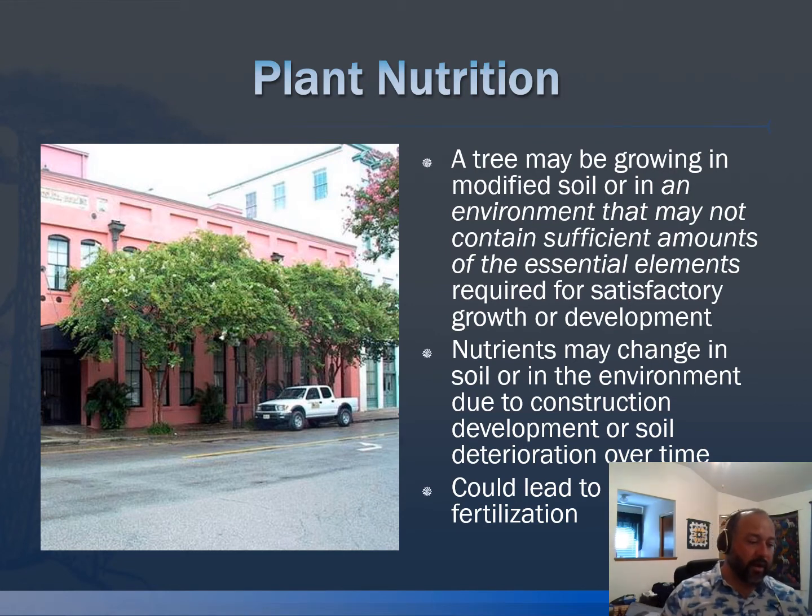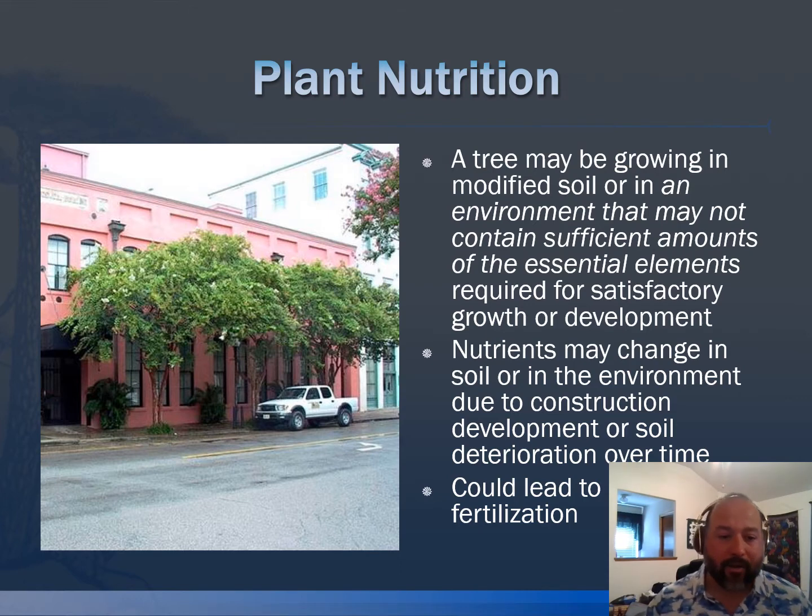What's interesting to note, especially with this idea of urban soils, is that a tree may be growing in a modified soil or an environment that does not get what it needs in terms of the essential elements. What do we mean by that? Well, if we look at this picture right here, in a forest you've got soil next to other soil, and sometimes our tree roots can grow together, and then maybe we get mycorrhizae connections where our fungi create a big, huge underground food web, and everybody's happy.